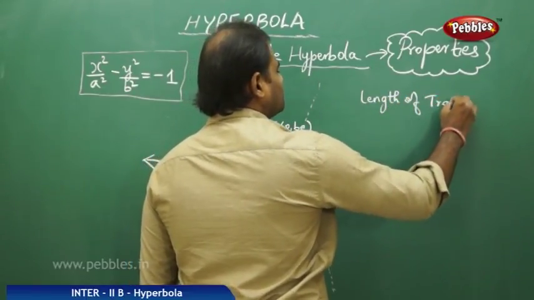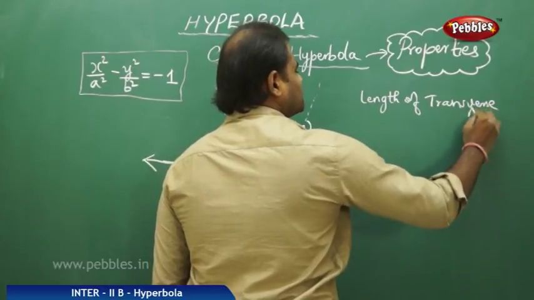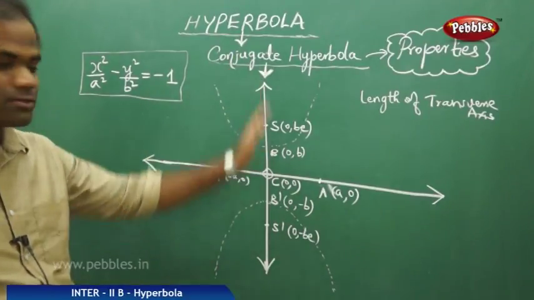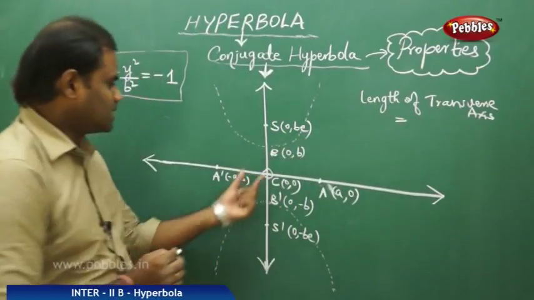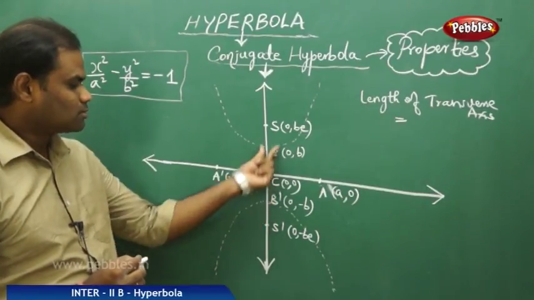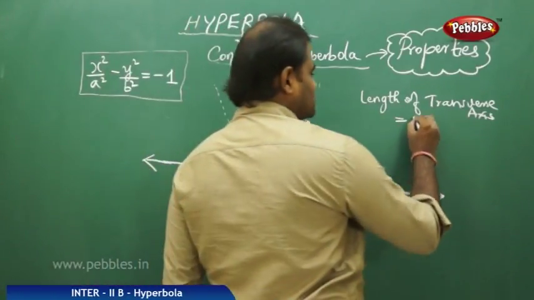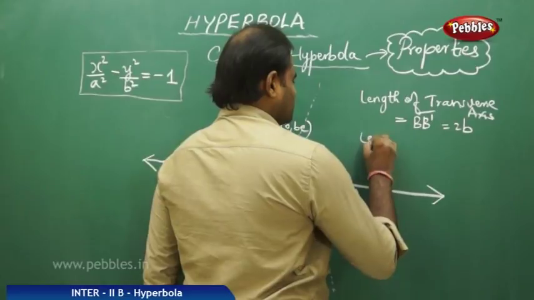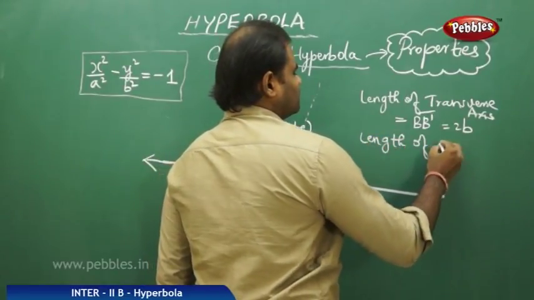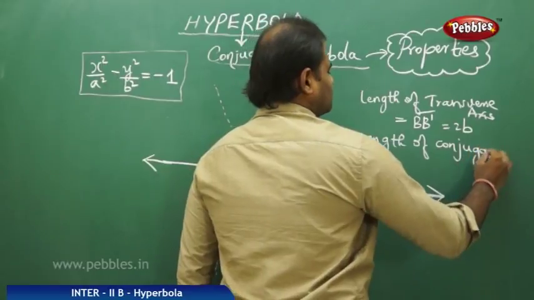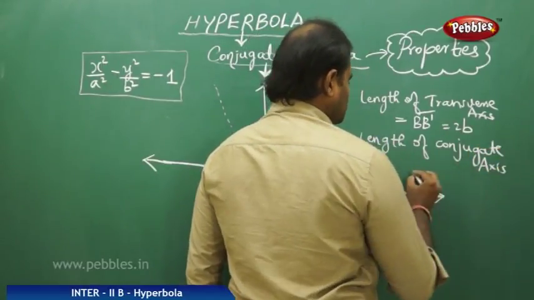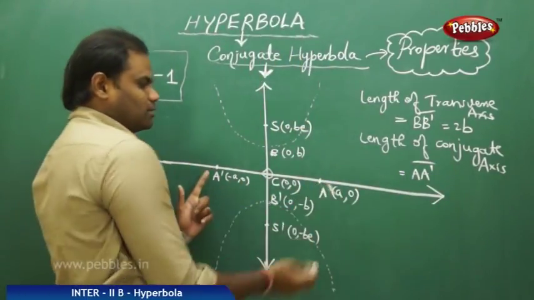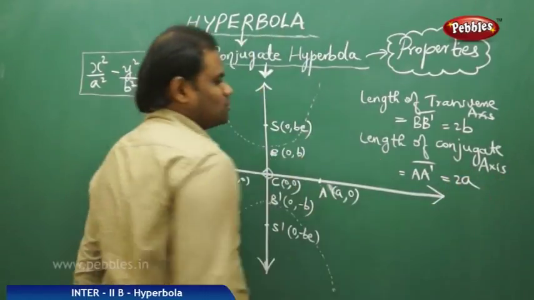And length of transverse axis, that is, if I take the transverse axis of this, it is BB dash, because as I see the hyperbola is constructed along this, so BB dash is the length of transverse axis, and BB dash is nothing but 2b, and length of conjugate axis, which is AA dash, is given by 2a, which is nothing but 2a units.